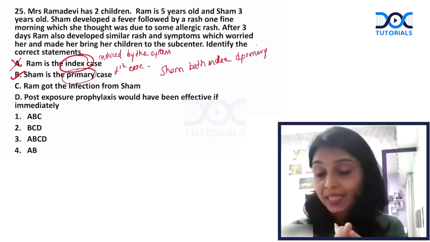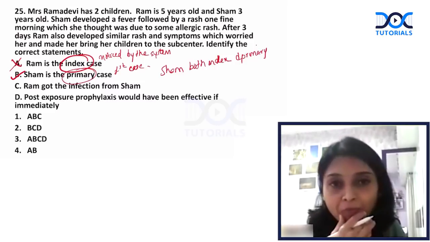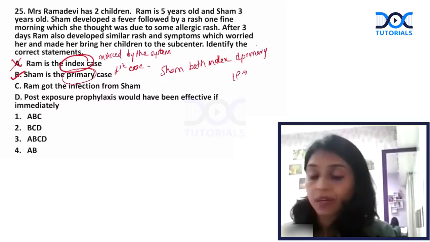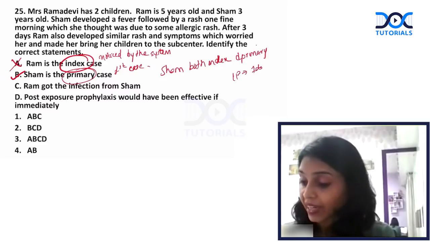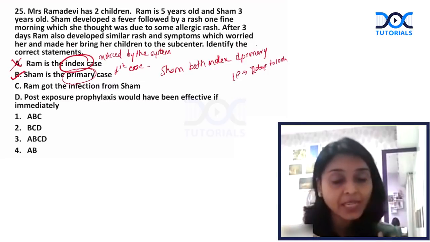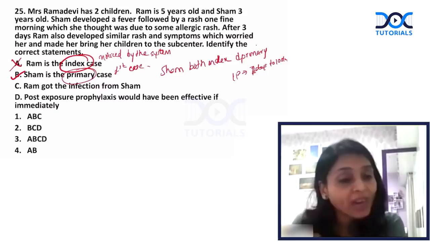If it is measles, by the way, what is the incubation period of measles? It ranges from 7 days to 10 days, right? So the problem is, if they are mentioning it as measles, then you have to think that they both must have got the disease from someone outside.